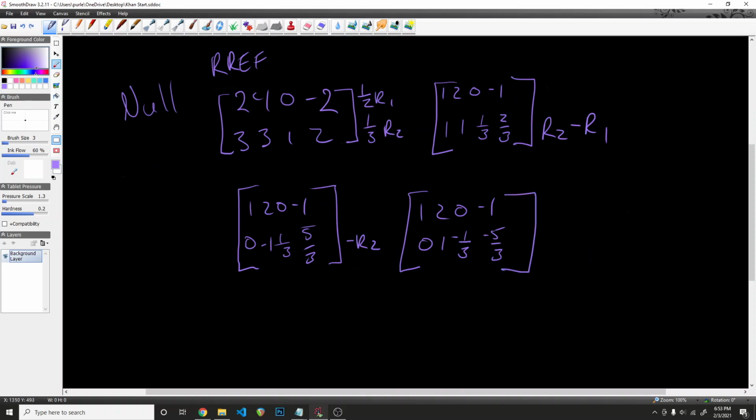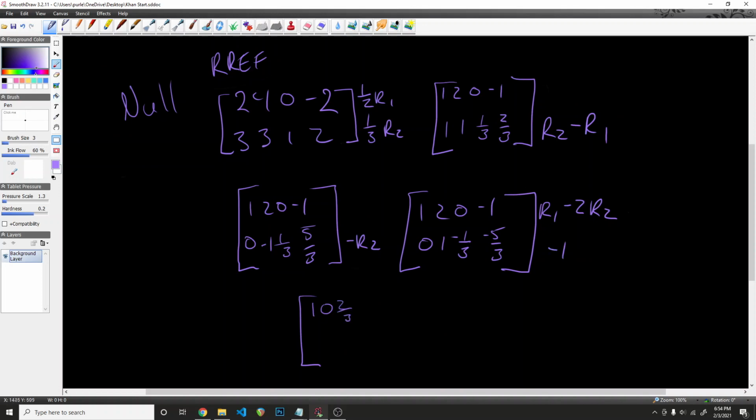Now here we can do row 1 minus 2 times row 2. So we have 1 minus 2 times 0, which is just going to be 1. 2 minus 2 times 1 is going to be 0, which is what we want. And then we have 0 minus -1 over 3, so that's going to be 2 over 3 plus 2 over 3.